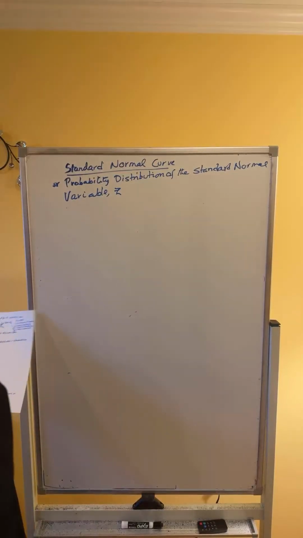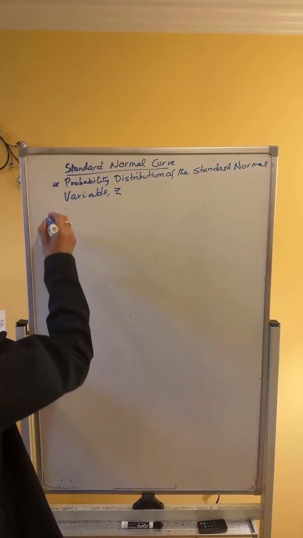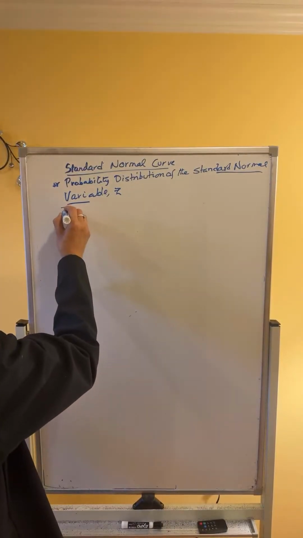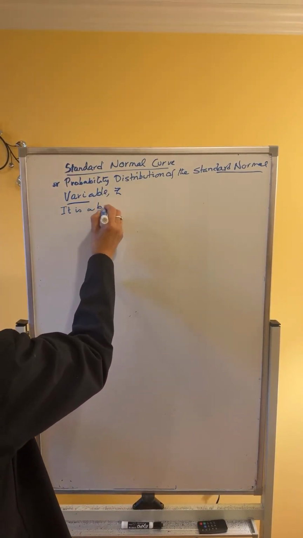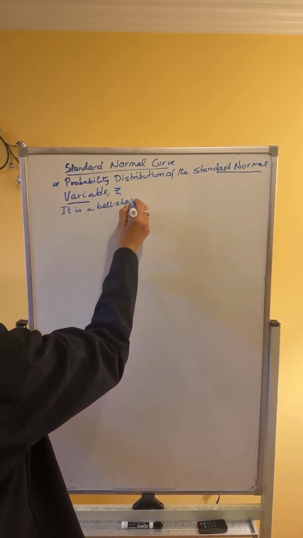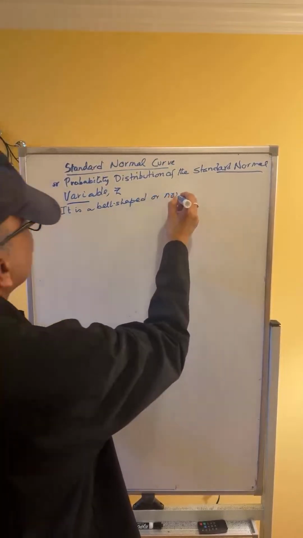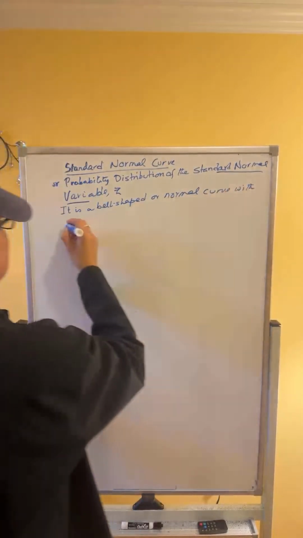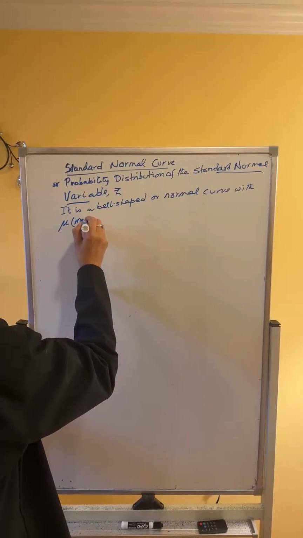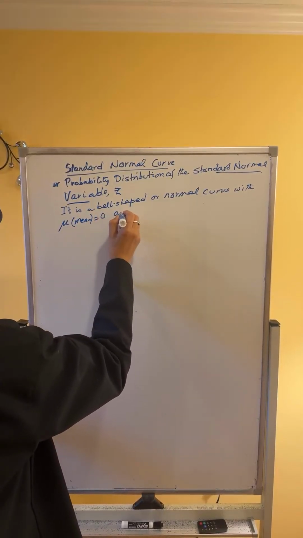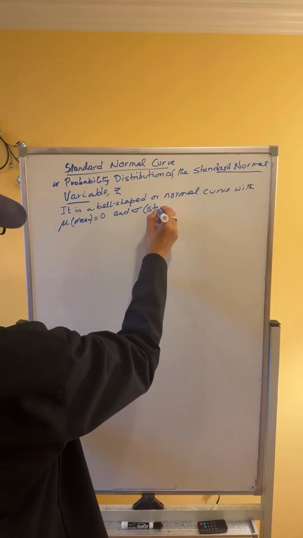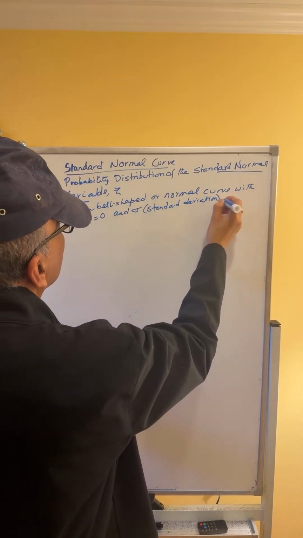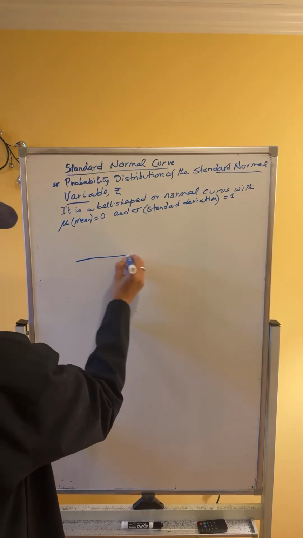So the probability distribution of the standard normal variable Z is a bell-shaped or normal curve with mean equal to 0 and sigma, the standard deviation, equal to 1.